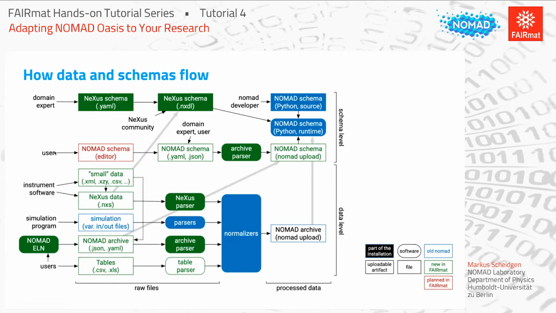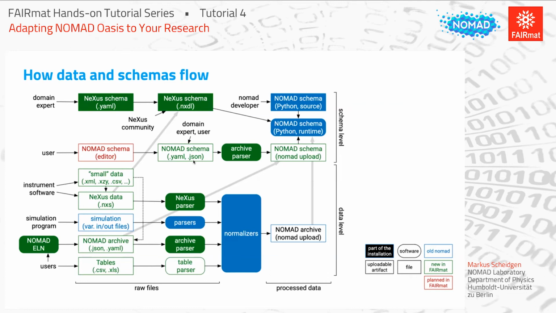And this is the route that you see here. So let's say you're not a NOMAD developer, you're now a user of NOMAD, and you want to customize an existing schema or create your own schema. You need a way to do this. And this is also what we will look at tomorrow, how to create these YAML files to have your own schema, because this then makes the Oasis useful for you, even if you are not familiar with these parsers and you're not a theorist and you're not really caring about the computational data.